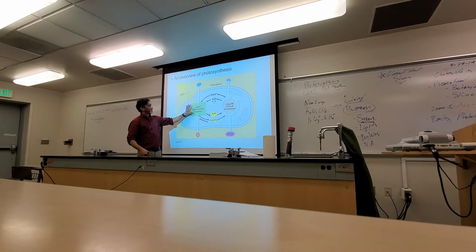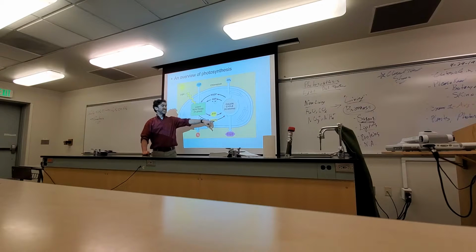The light-dependent reaction occurs in those grana, whereas this cycle actually occurs in the stroma, in that open space there, okay? It's the products of the light reaction, ATP and NADPH, because NADH is used in respiration, NADPH is used in photosynthesis.